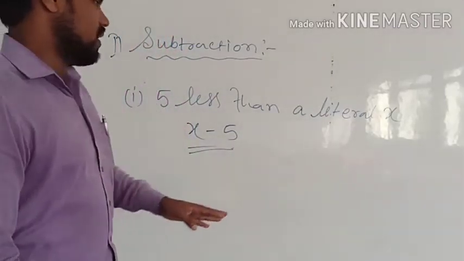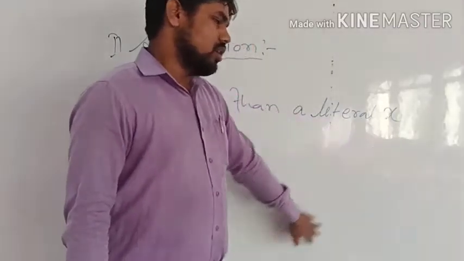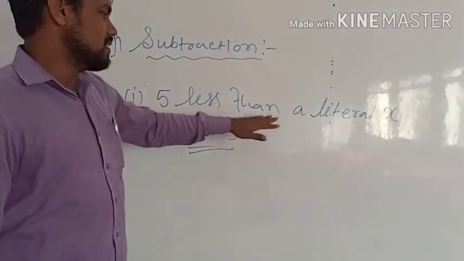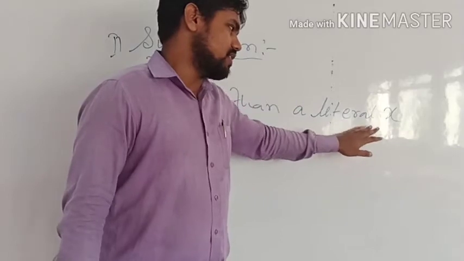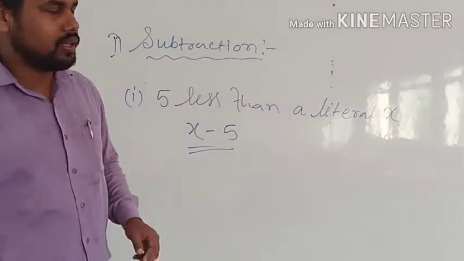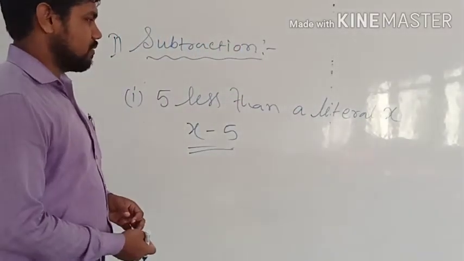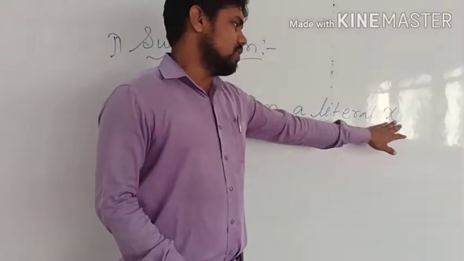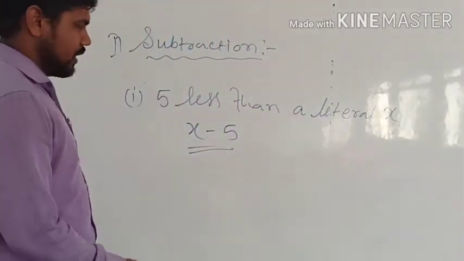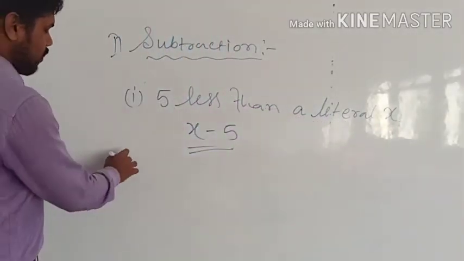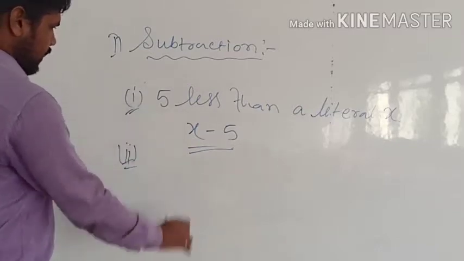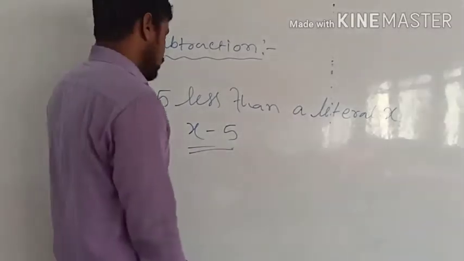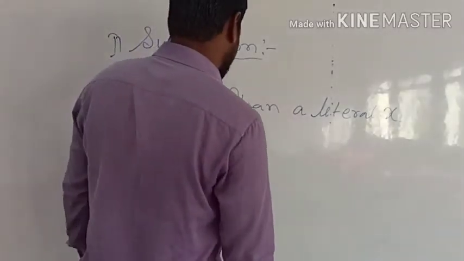Or instead of x you can take some examples also. Suppose 5 less than x, instead of x you can take 4. So 5 less than 4 means 4 minus 5. Since we are discussing algebraic expressions, that is why we have taken x. Now the second thing to take care of: instead of 5, suppose you are taking y.